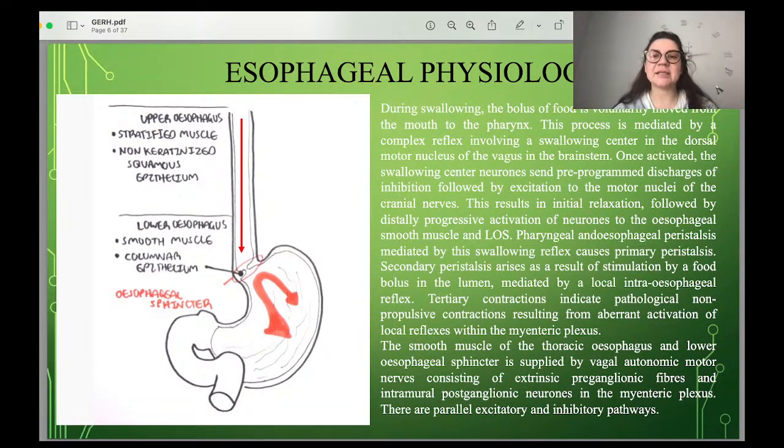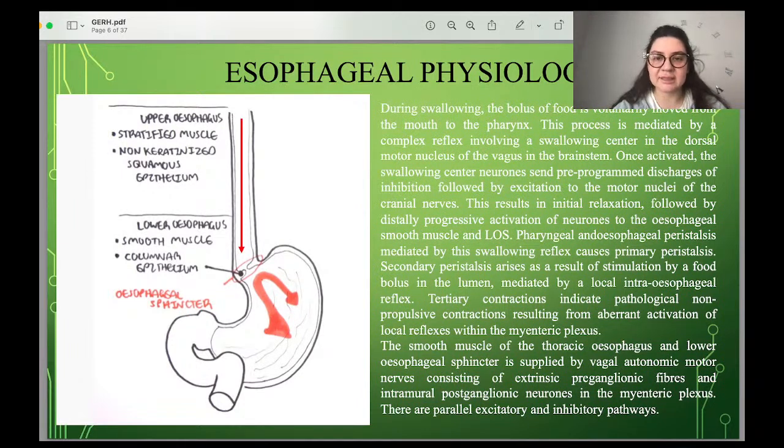This results in initial relaxation followed by distally progressive activation of neurons of the esophageal smooth muscle and lower esophageal sphincter. It is a reflex process of opening of sphincters. Pharyngeal and esophageal peristalsis mediated by this swallowing reflex causes primary peristalsis.